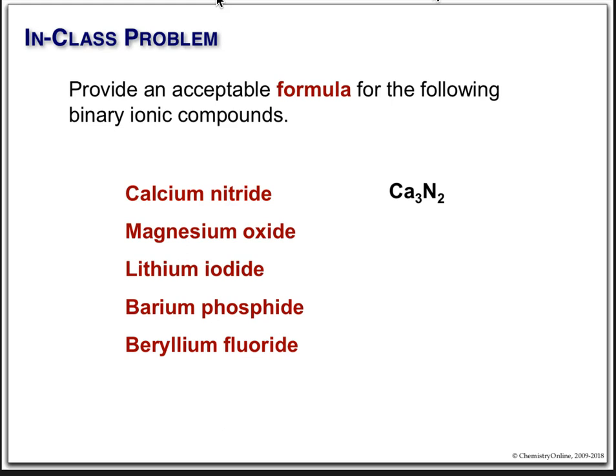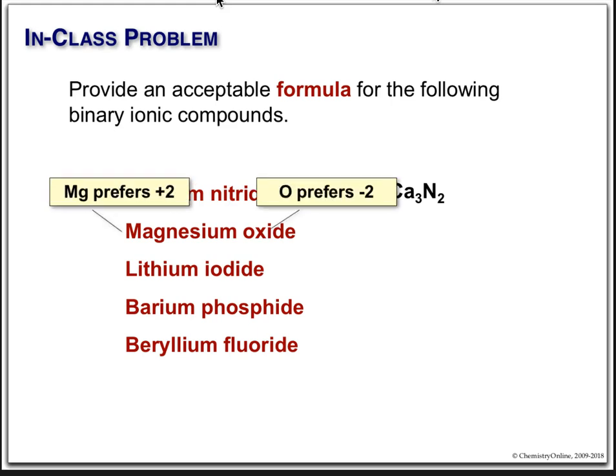It's right there in group 2. Oxygen is over here in group 6. So it will be a -2, magnesium, a +2. To get our lowest whole number ratio and a neutral compound, we would need 1 magnesium and 1 oxygen.